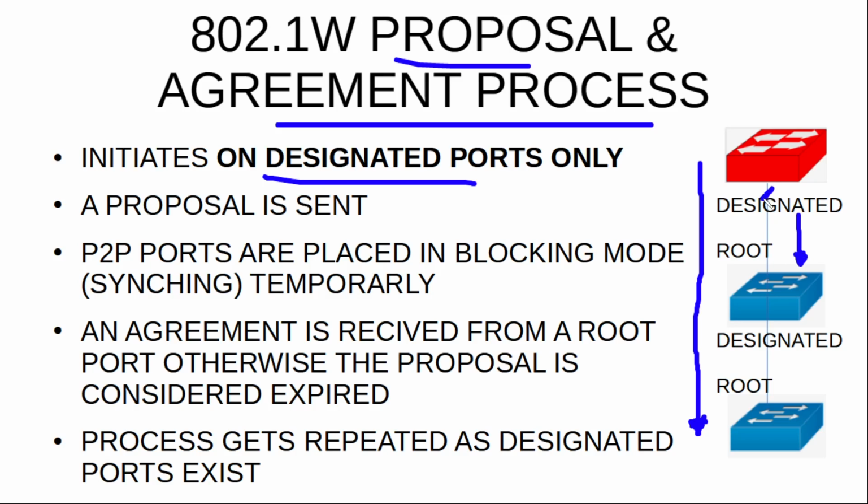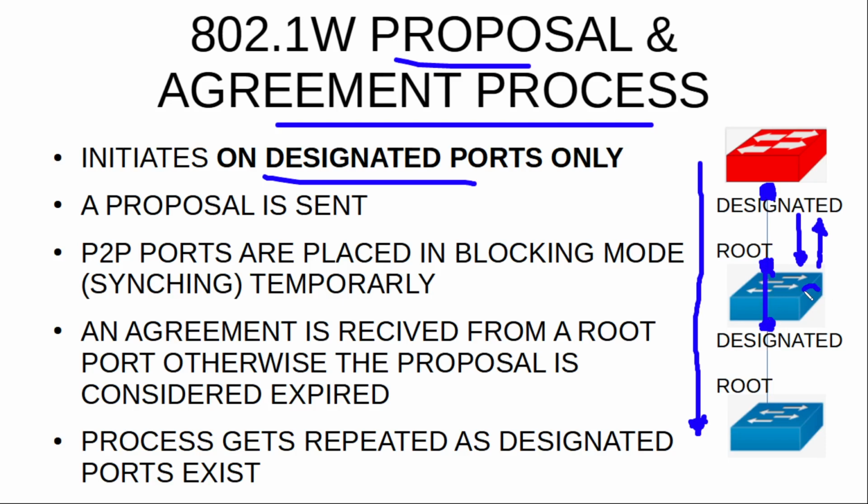So for instance, this is placed in discarding mode. This other switch places these ports in discarding mode upon receipt of a proposal message. This happens only temporarily because this switch has to respond with an agreement message, and at that point in time, designated ports and root ports are placed back into forwarding mode.